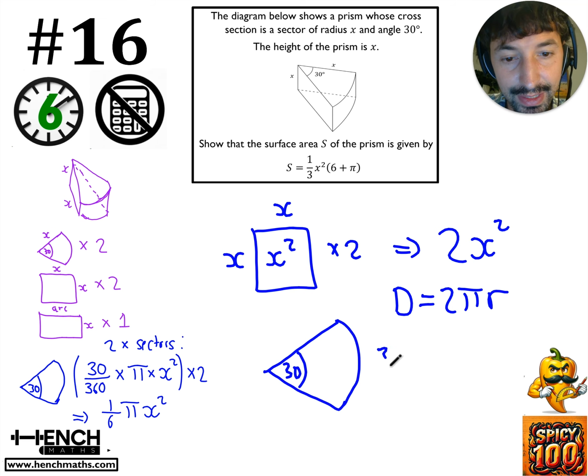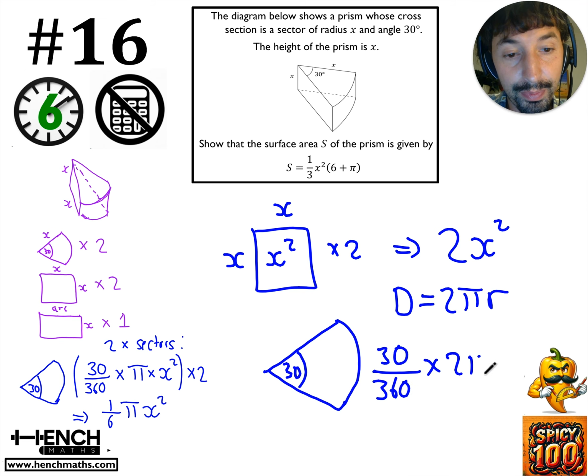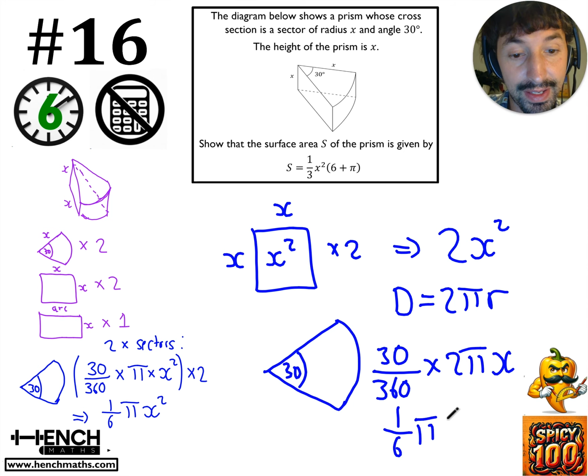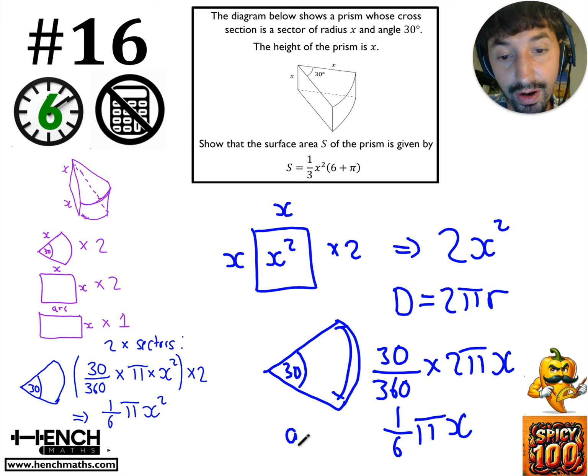So what we're going to have is 30 divided by 360 multiplied by 2 pi, and the radius is x. So that comes to a 12th times 2, so a 6th. So we're going to get a 6th pi x, and that's the arc length.